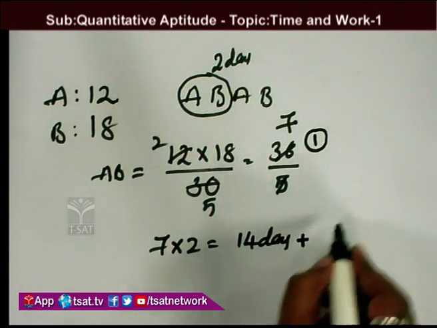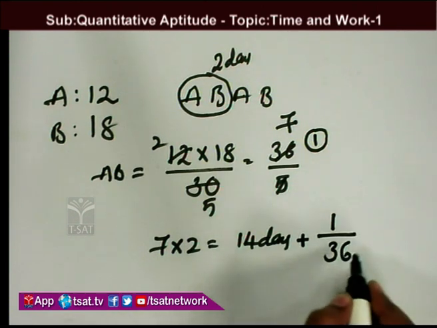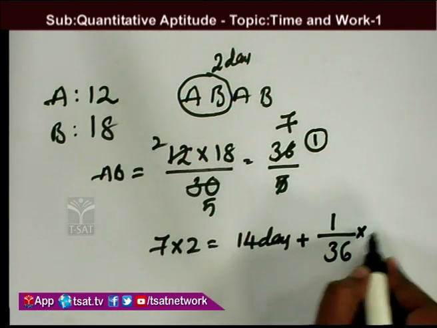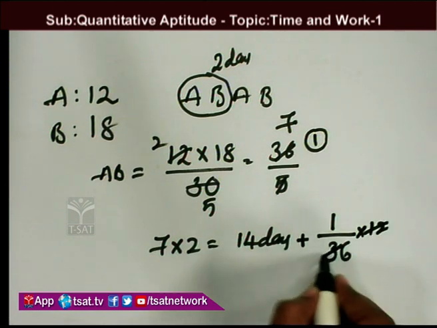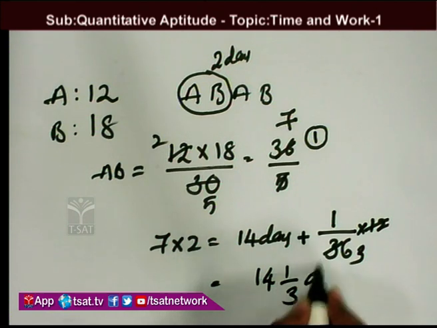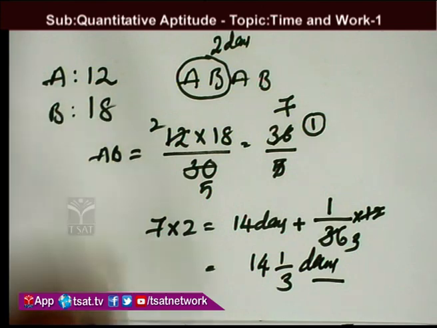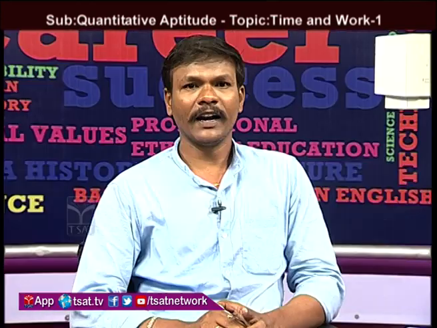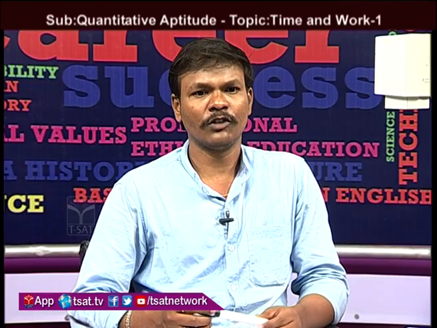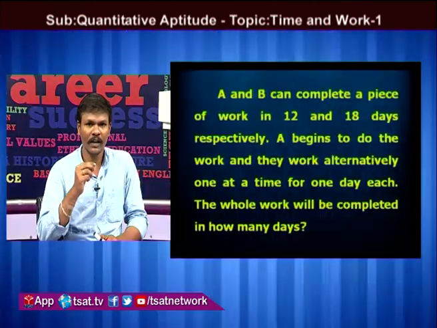So plus the remainder 1 out of 36, worked by A. A is 12, 12 3s are 36, that is 14 1/3 days. Simple, 14 1/3 days, very simple. So in the alternate days A, B working together, it takes 2 days each.